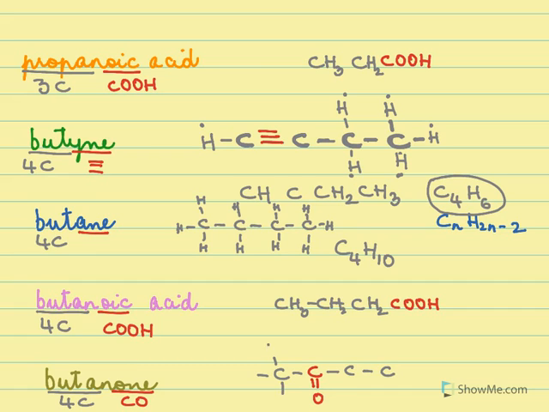So here it can attach 3 more: 1, 2, 3, 4, 1, 2, 3, 4, and you go on. The first carbon has 3 hydrogens, then we have the CO group. Then the next carbon has 2 hydrogens, and the third carbon has 3 hydrogens. So this is butanone.